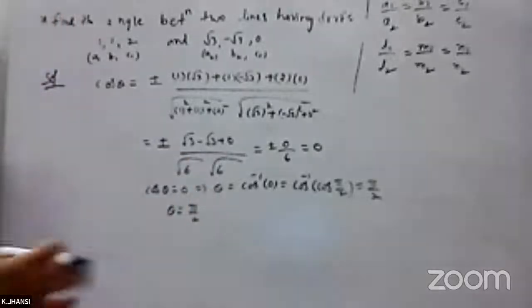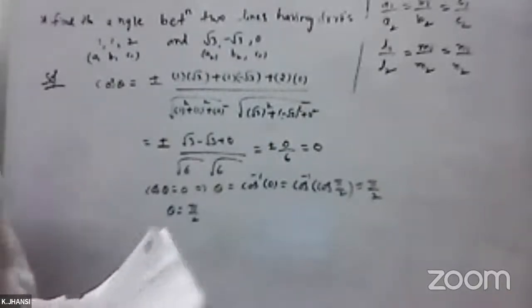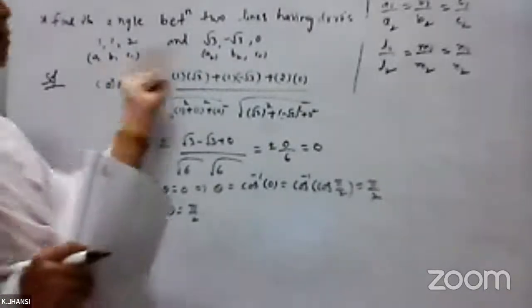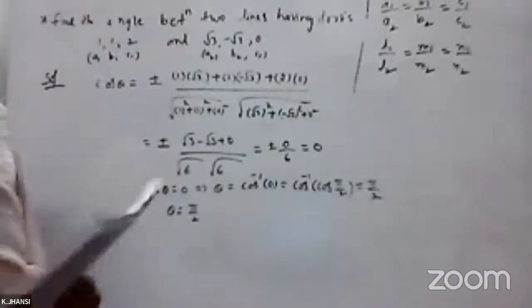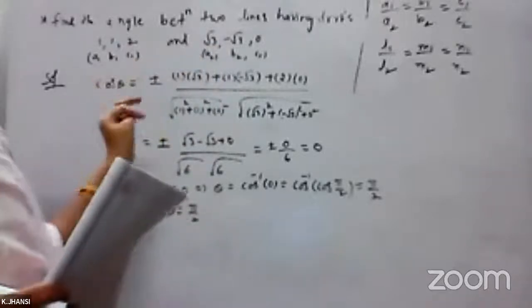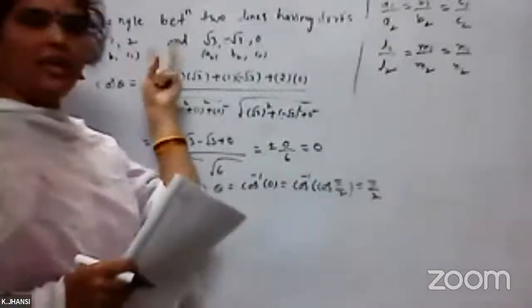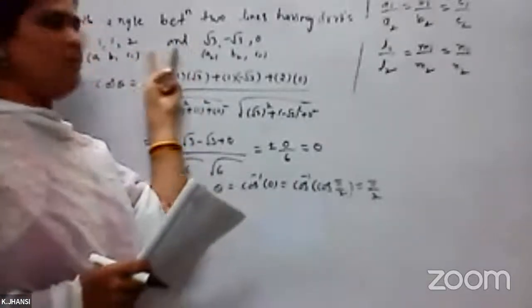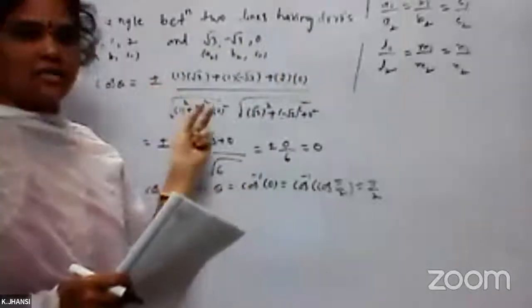This is also a 5 marks problem. In your textbook, page number 28, you have it. Here, instead of 2 points, 4 points are given. If you take the 4 points as P, Q, R, S, first find the distance between any 2 points, PQ, and then RS.